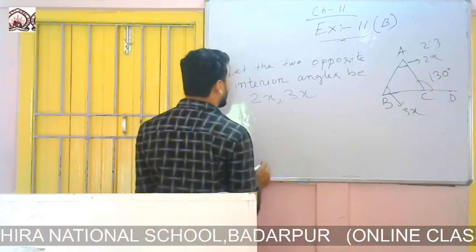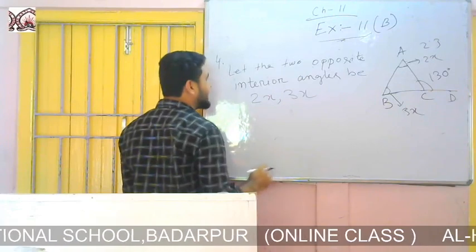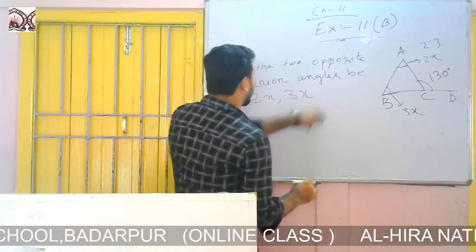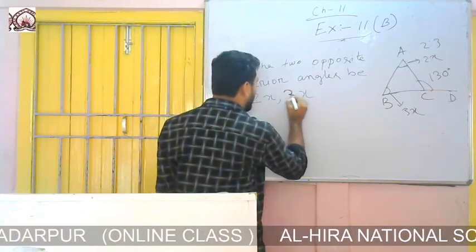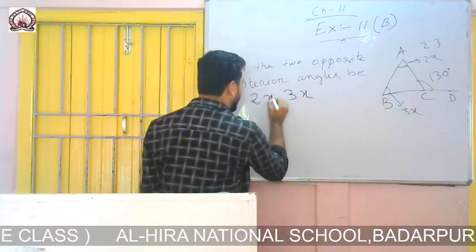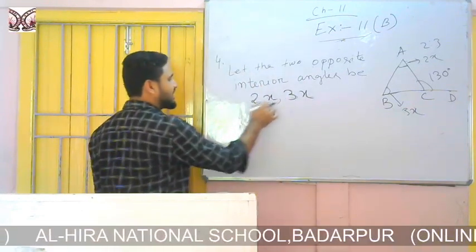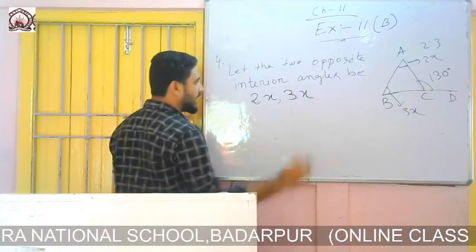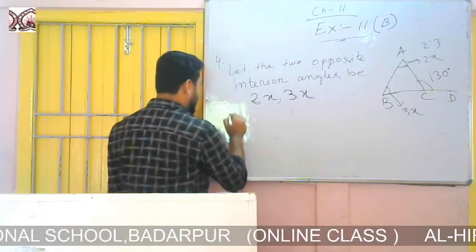Why do you let twice x and thrice x? As I said, if the angles are in the ratio, then we let it x. Then 2 into x is twice x and 3 into x is thrice x. Okay, right.